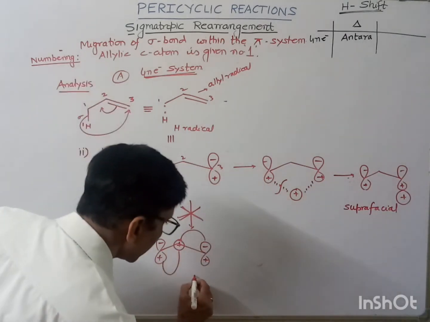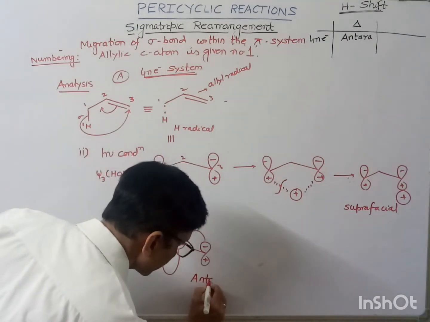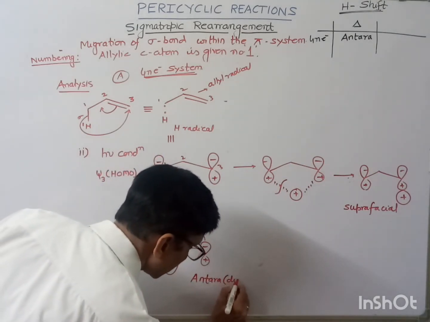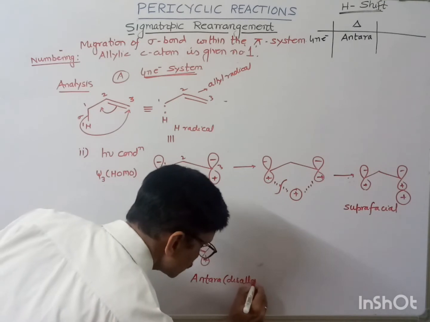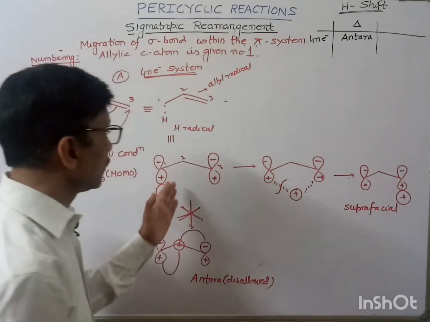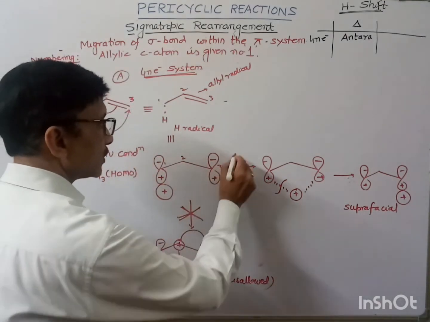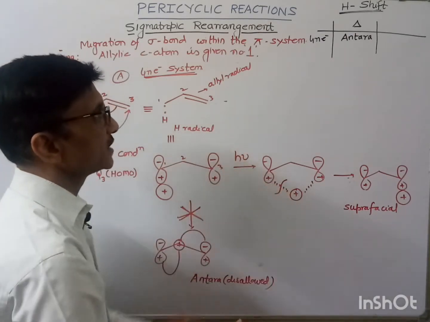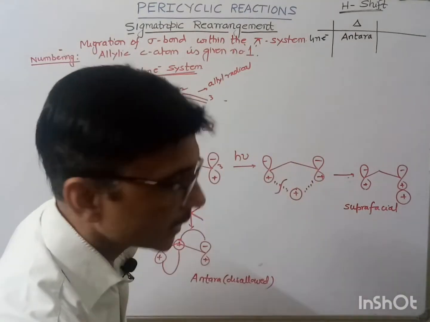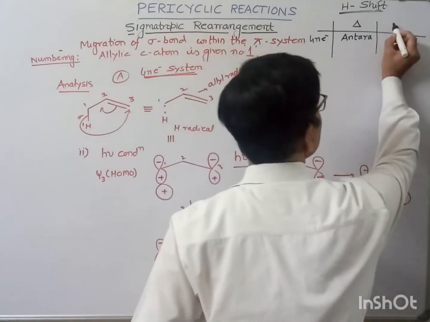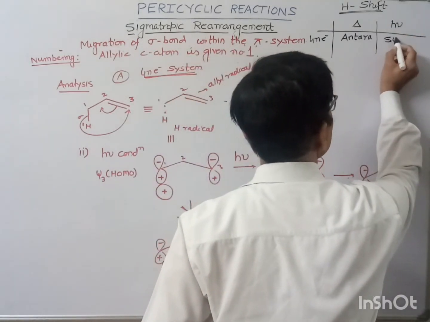That's why antara is not allowed. Antara is disallowed. Only supra is allowed under photochemical condition. So what I should write here: under photochemical condition, supra is allowed.